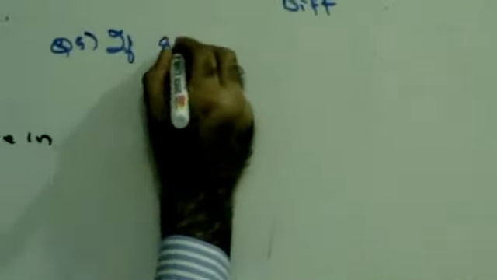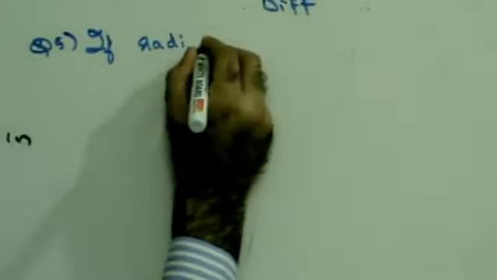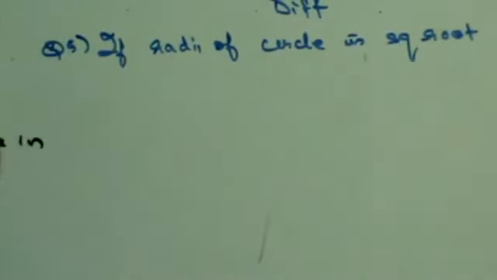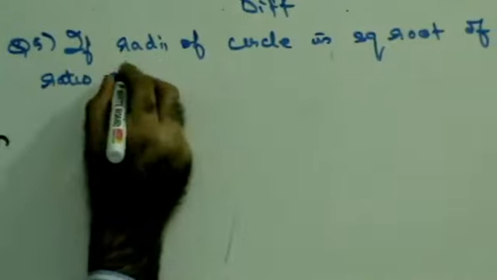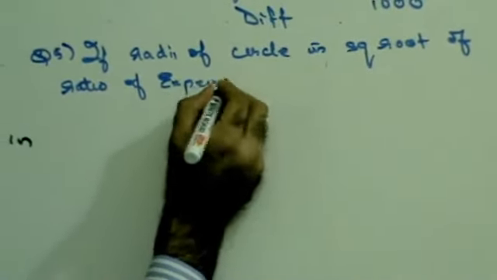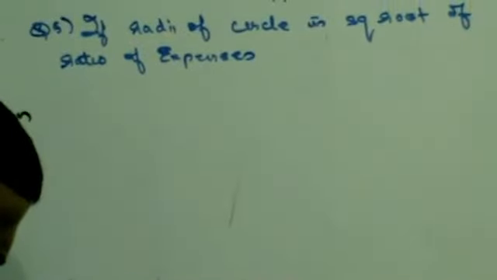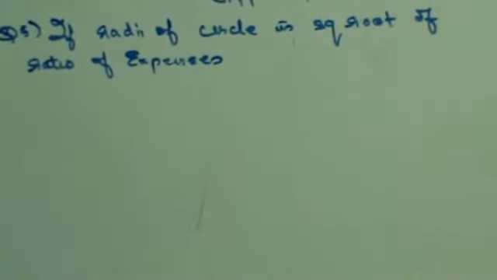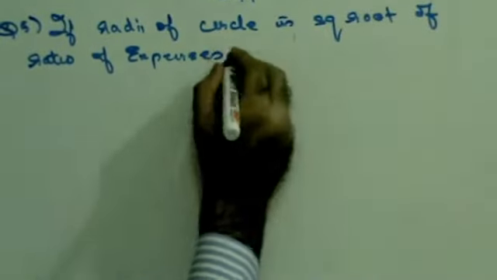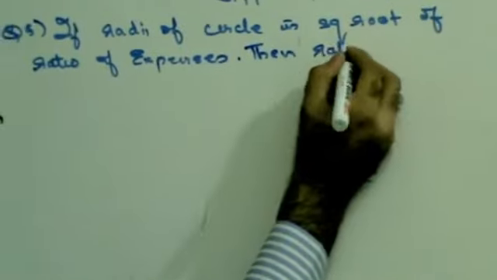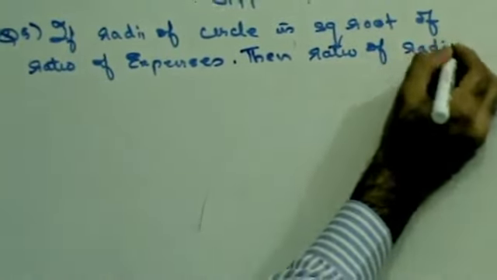Next, let's see another question. If the radii of the circle are taken in the ratio of the square root of the total expenditure of two families, then the ratio of the radii will be how much?